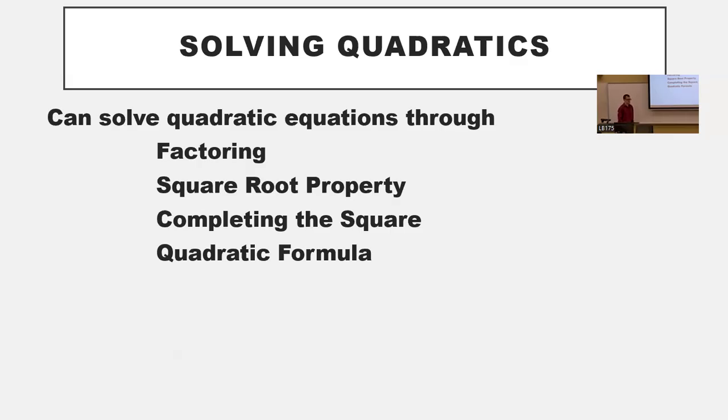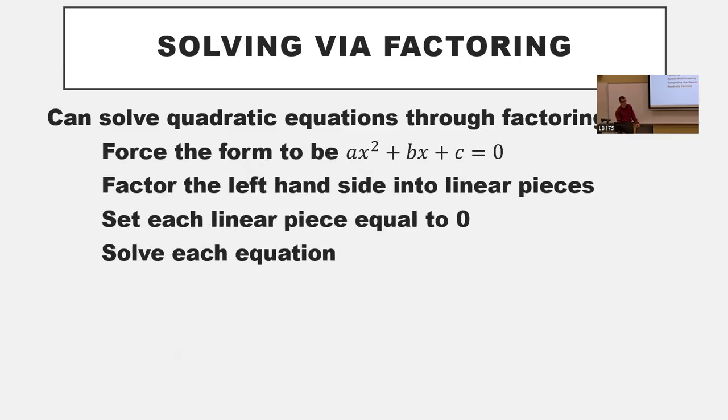Maybe not, but there you go. So factoring, square root property, completing the square, quadratic formula. Those are our 4 different ways of solving a quadratic equation in one variable. So let's do factoring first.